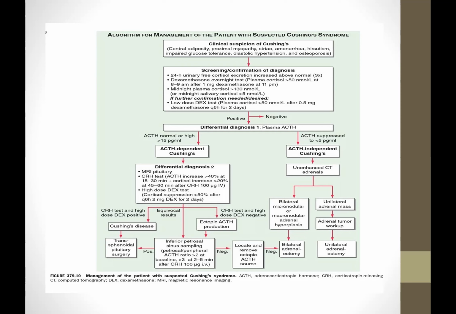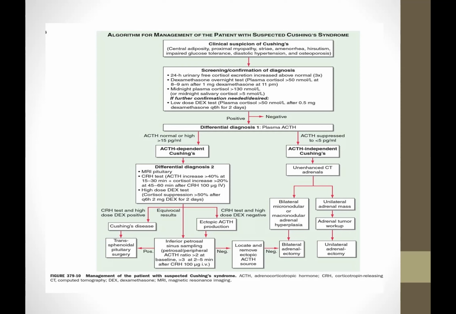If any test is positive, we have to differentiate now between ACTH dependent Cushing's and ACTH independent Cushing's. If ACTH is normal or high, that is more than 15 picogram per ml, we will take it as ACTH dependent Cushing's. In ACTH dependent Cushing's, we further divide into pituitary origin or ectopic source. We will differentiate between the pituitary and ectopic source by MRI of the pituitary gland.